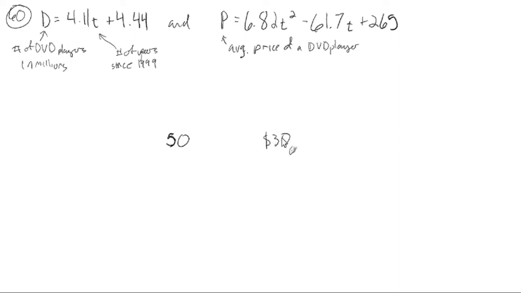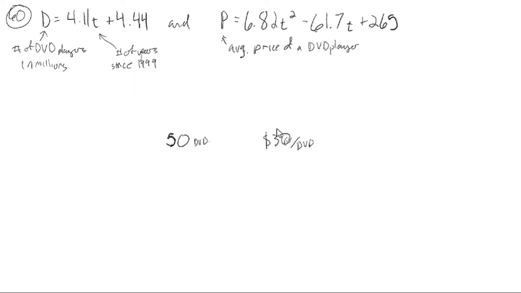So what do we do with these two pieces of information? 50 DVD players, and $30 per DVD player. So what do we do with that? Well, there's 50 of these. Each one of them costs $30.